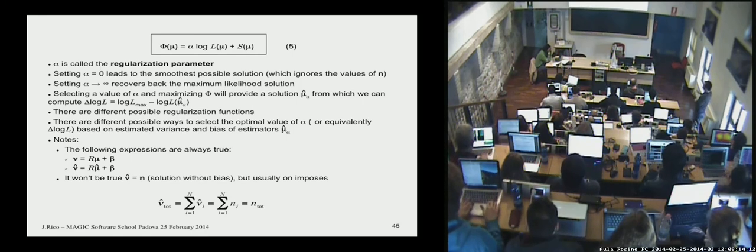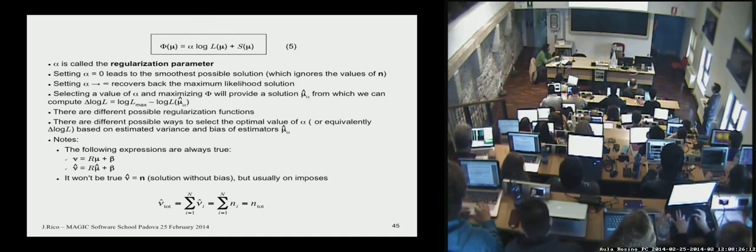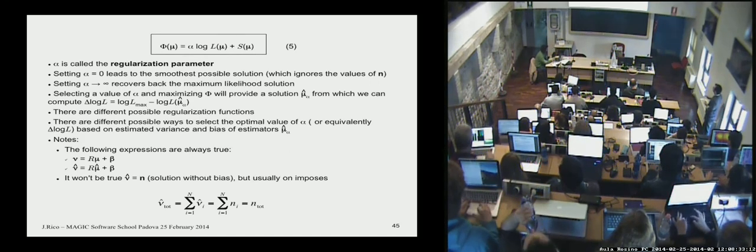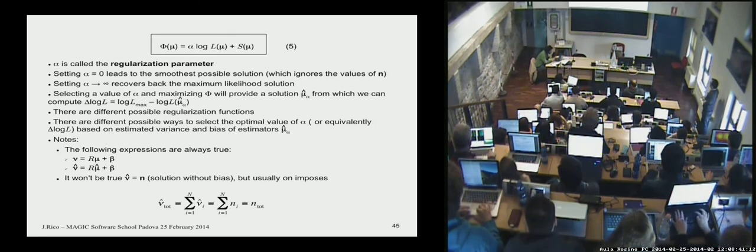On the other hand, if you go to the other extreme, alpha tending to infinity, then you are disregarding this part and you go back to the maximum likelihood solution, which has the problems that we have seen. And then selecting alpha somewhere between 0 and infinity, you will actually be adding a certain delta log L to this expression that we saw before.